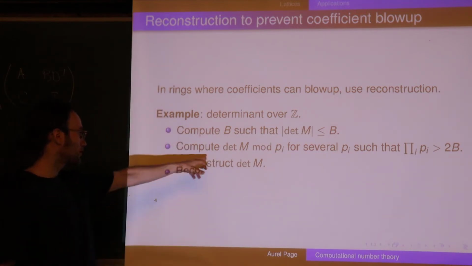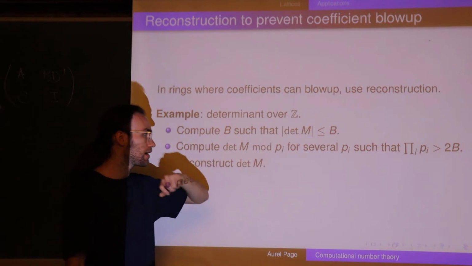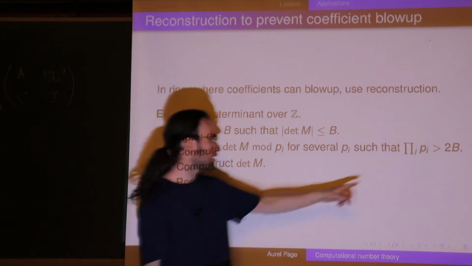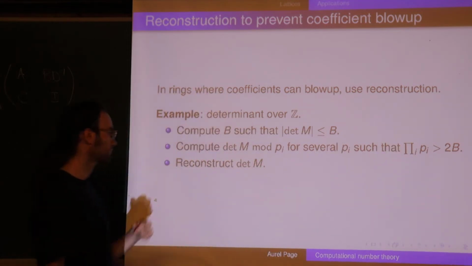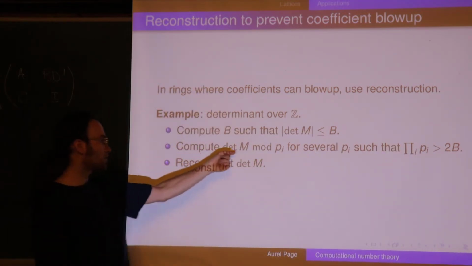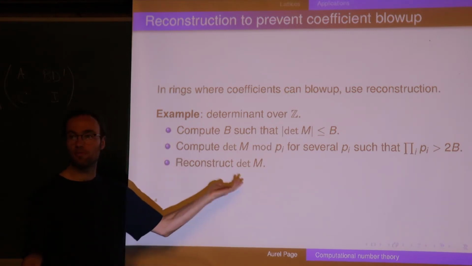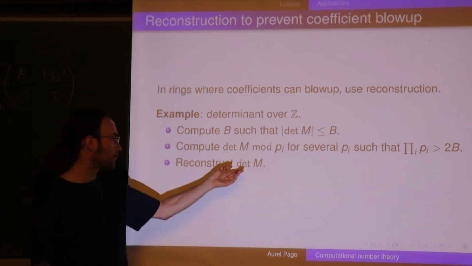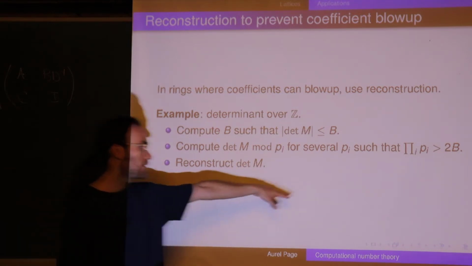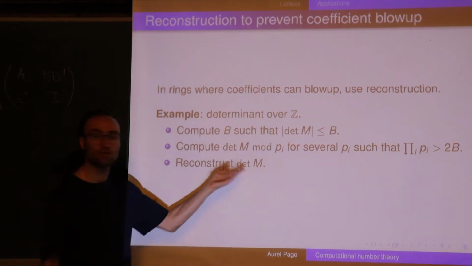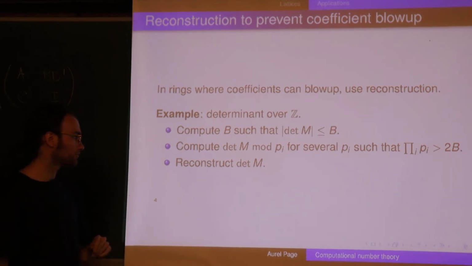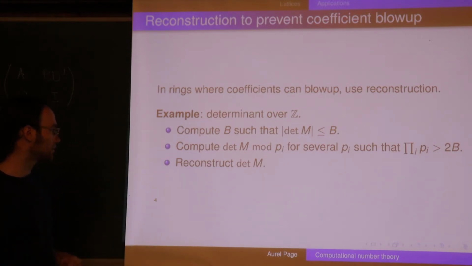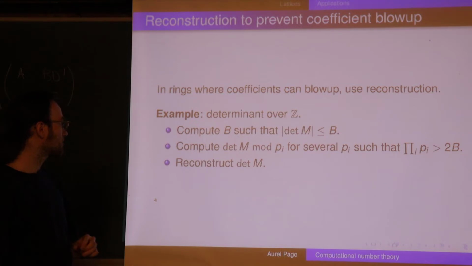And then you compute the determinants modulo several primes, p_i, enough so that the product of the p_i is larger than twice your bound. And then from these determinants modulo the p_i, you do an effective Chinese remainder theorem to reconstruct the determinant modulo that integer and therefore the actual determinant. Okay? And that completely avoids a coefficient explosion. I didn't give the actual complexity, but this gives you a good complexity.